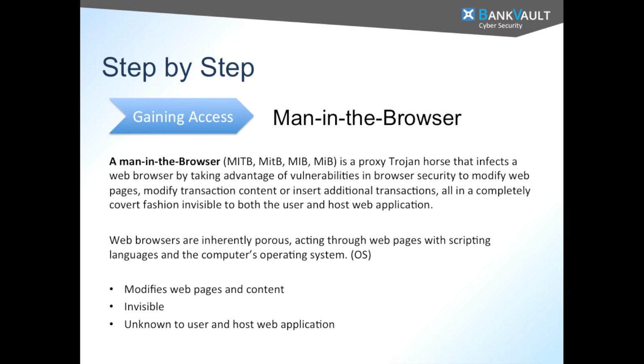It can modify web pages that you're trying to visit, or modify content that you're trying to either input or take down, and it can insert additional steps into things. It does this completely covertly. It's invisible to you. You don't even know it's happening.